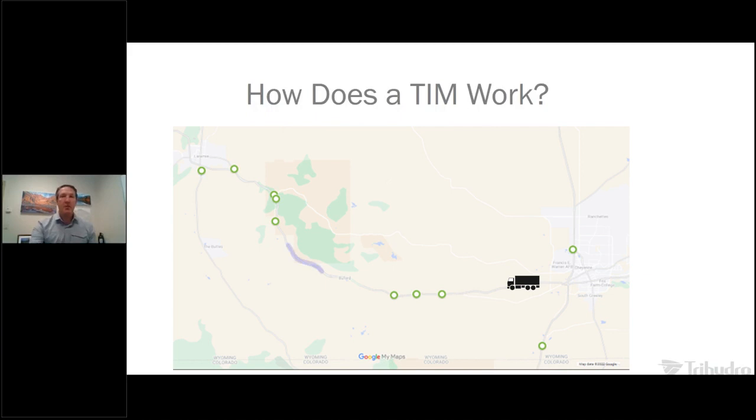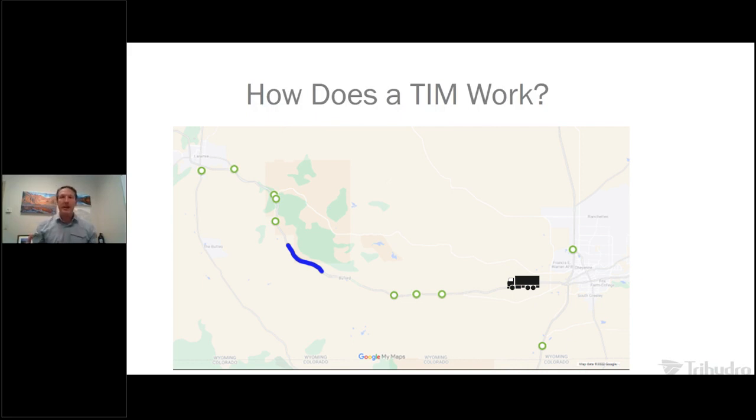So say we have a snowplow that's reported snow and icy conditions in this section of road. Well, he goes back and reports that to our traffic management center. The traffic management center then updates their 511 system with those road conditions that apply for that road segment.